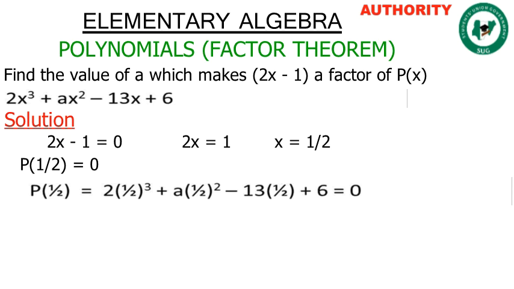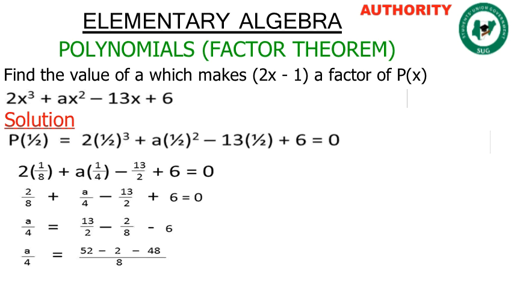Now let's go. 1 all over 2 raised to power 3 will give us 1 all over 8. When you open this bracket, the numerator and the denominator share in the power, or the exponent. So I'm going to have 1 raised to power 3 and 2 raised to power 3. 1 raised to power 3 is 1, 2 raised to power 3 is 8. So we are having 1 all over 8.